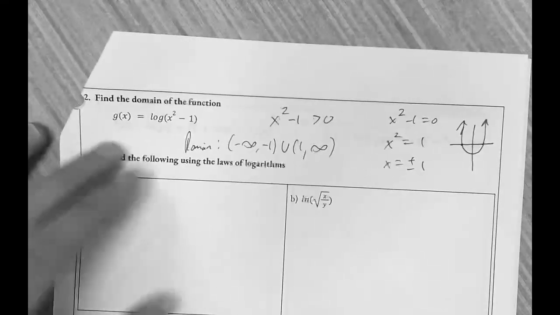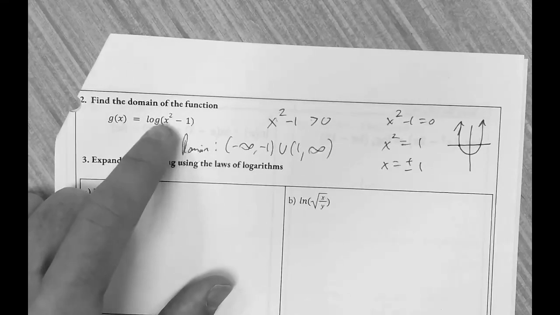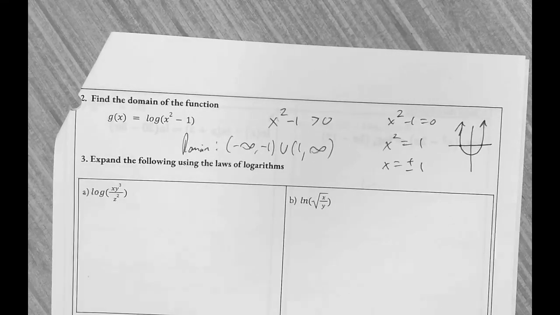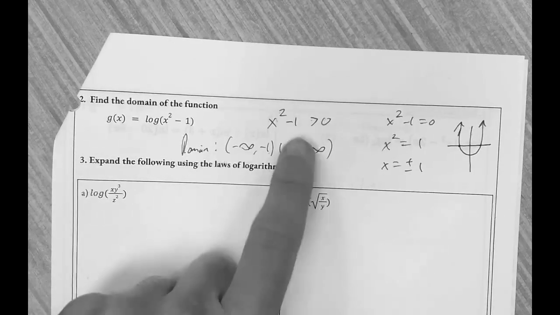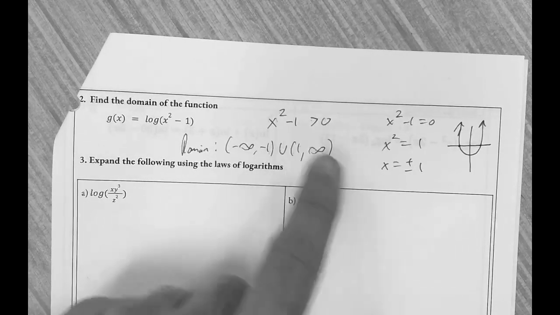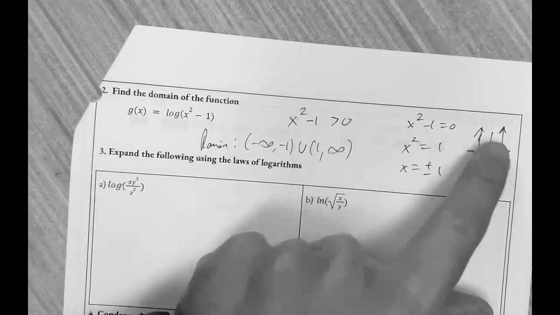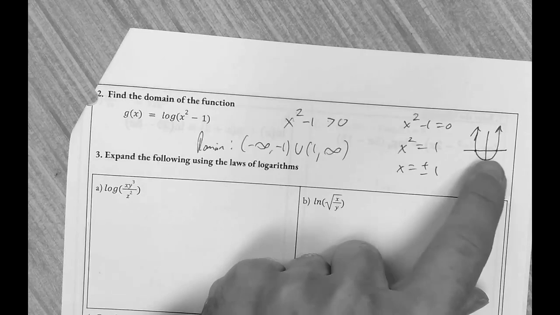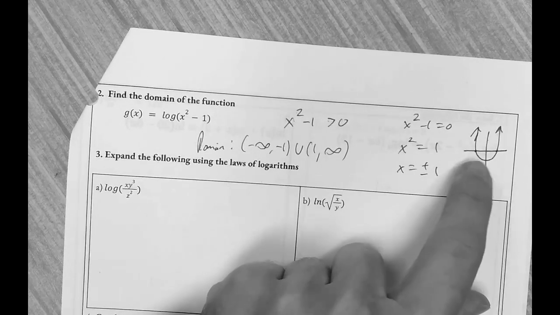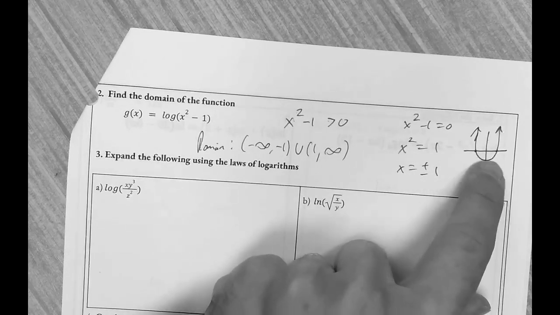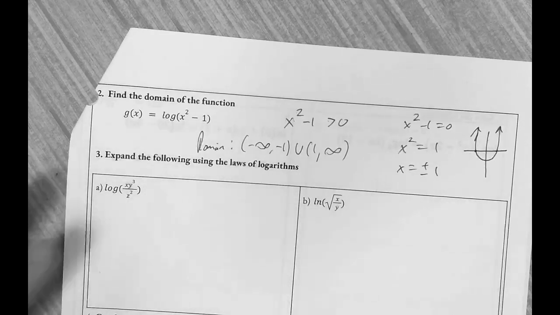What I did here is find out where this was 0 and negative, and then excluded that. I looked at it as a separate problem: I wanted to find when that was greater than 0. I found where it hit the x-axis, drew a little picture, and since this region is negative or 0, it is excluded from the domain.